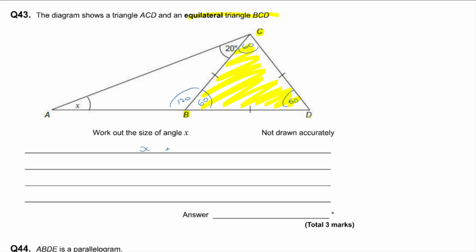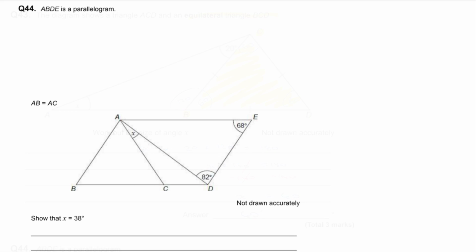So x plus the 20 plus the 120 is equal to 180. So 20 and 120 is 140, isn't it? So x plus 140 is equal to 180. So then taking 140 away from both sides, that's going to leave me with x is equal to 40. That's my final answer.